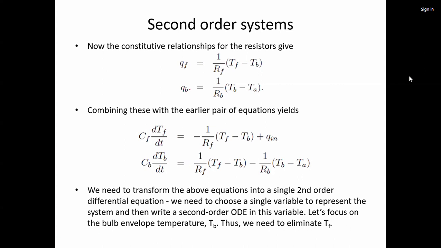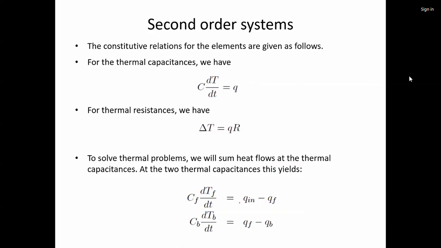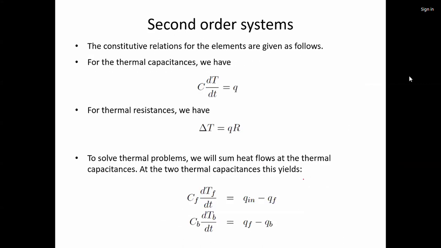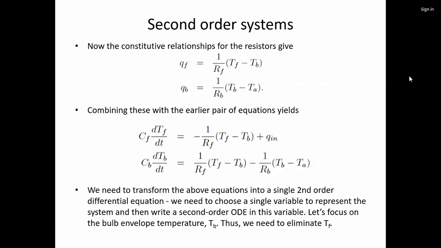Similarly, across the bulb, QB leaving here is TB minus TA, the temperature of the bulb minus the temperature of the ambient, divided by RB. If we combine these two equations with the earlier two, essentially we substitute for QF and QB.